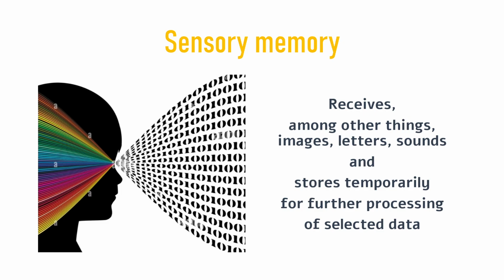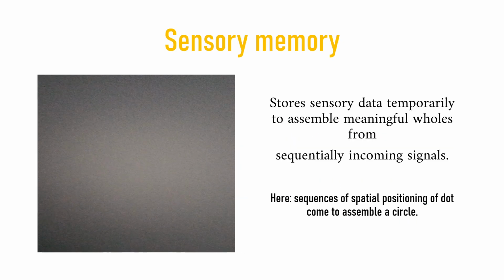So we hear things, we see things, and after being filtered, initially they are held in sensory memory for a very short period of time, and this serves a purpose. Look at this. It stores sensory data temporarily to assemble meaningful wholes from sequentially incoming signals.